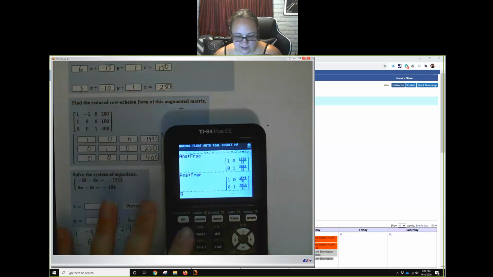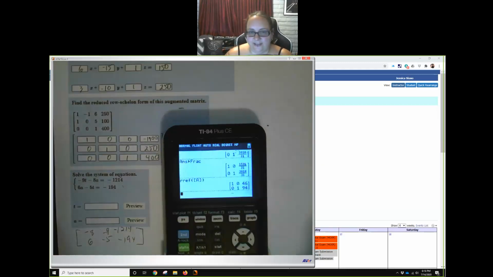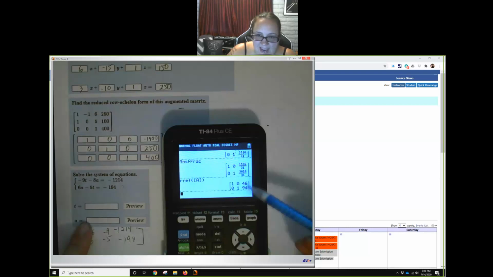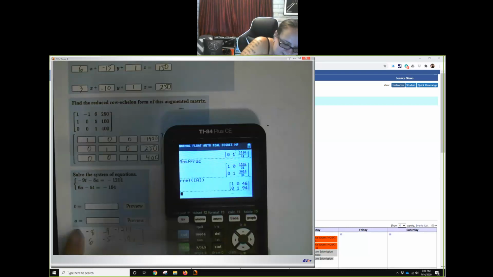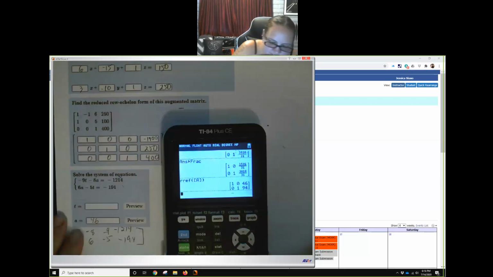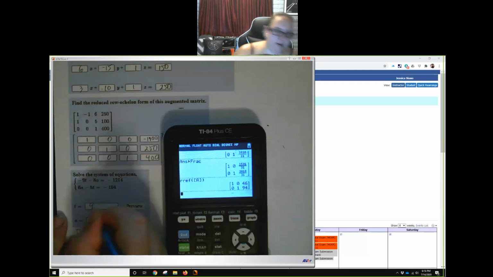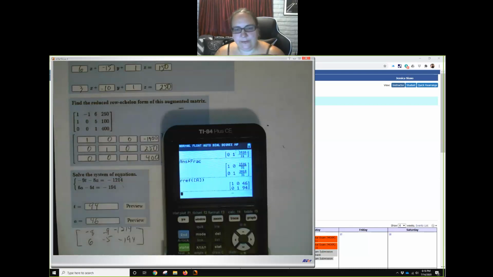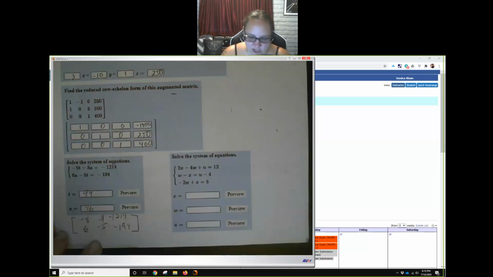I see what I did. There we go. That's what we want. Aha! So remember here, I did A and then T. So the first number is my A, so that's 46. And the second number is my T, so that's 94. Got to be careful. Some of these are going to be tricky.